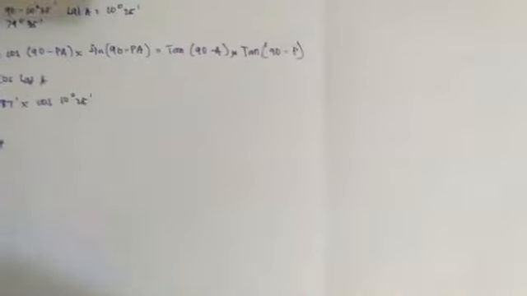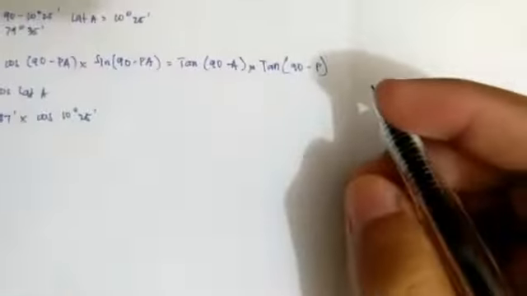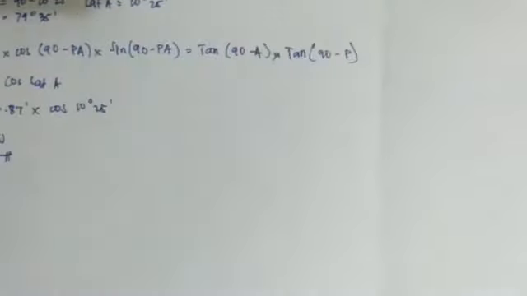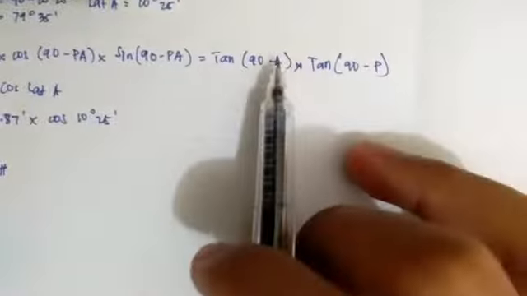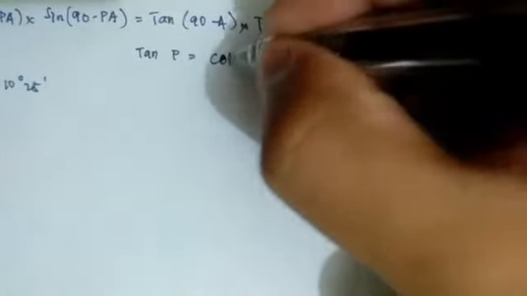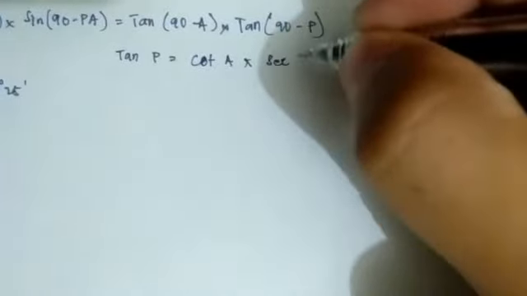Next, we need to get the d-long of our latitude A to the vertex. So we need to derive this formula. So we got tan P, which is the d-long, equals cotangent A times secant PA.